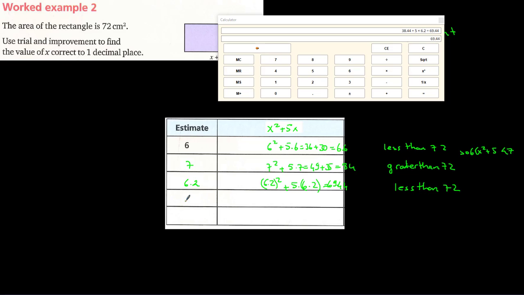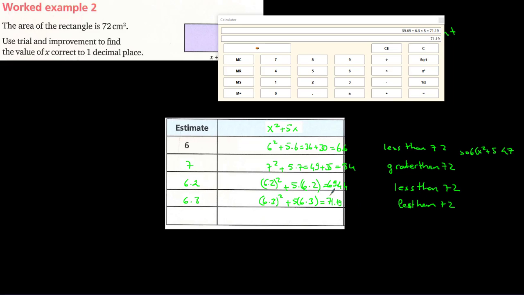And here 6.3: 6.3 squared plus 5 times 6.3. I'm going to find it again by using the calculator, and the answer is 71.19, which is still less than 72.